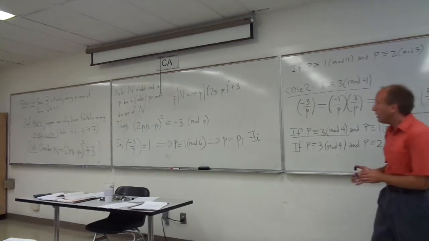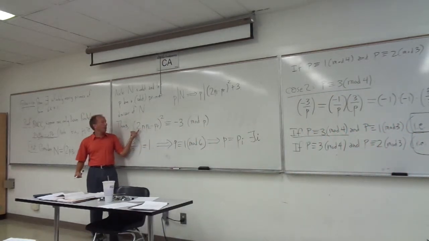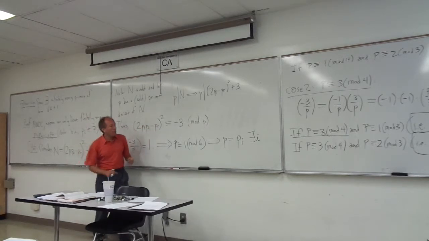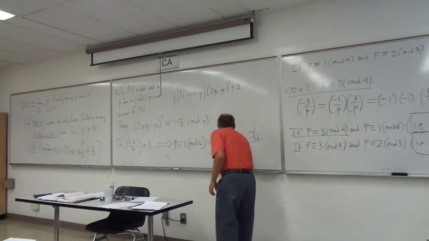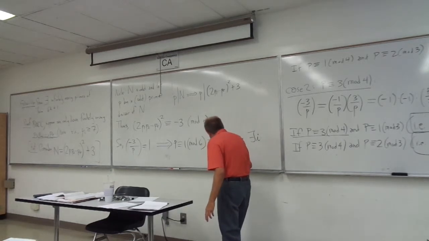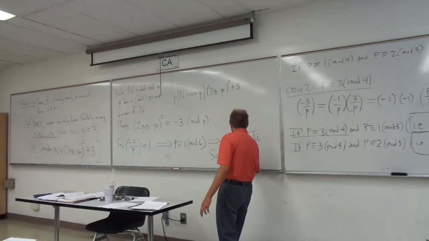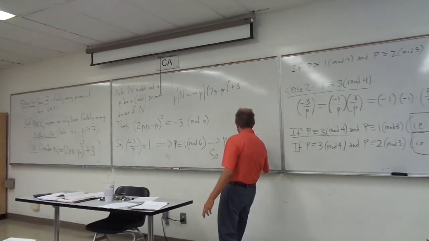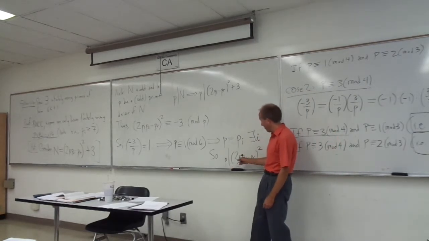Clear enough? And if p is equal to p_i, then what you have right here is basically congruent to 0. Let me say it a different way. p divides 2p1, p2, and so on, up to pr, squared. Why is that? Because p is equal to one of these primes, so it definitely divides that whole product.